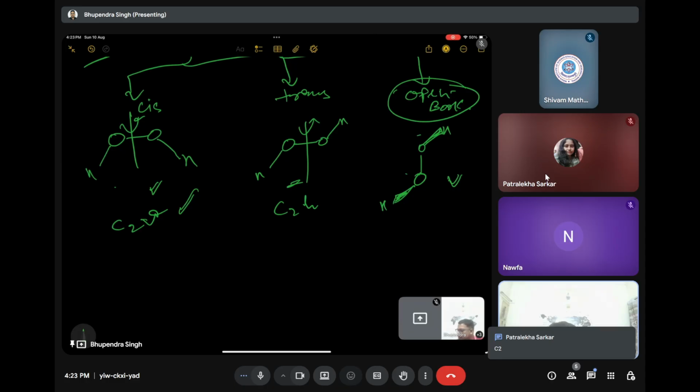C2. So C2 axis is going from here. Okay. Next, what do we have? Do we have sigma, plane of symmetry, anything? No plane of symmetry.